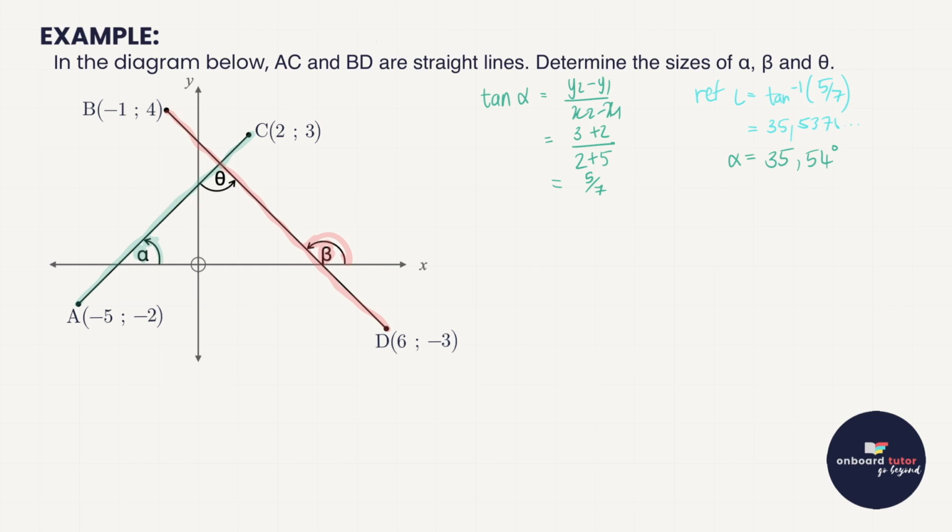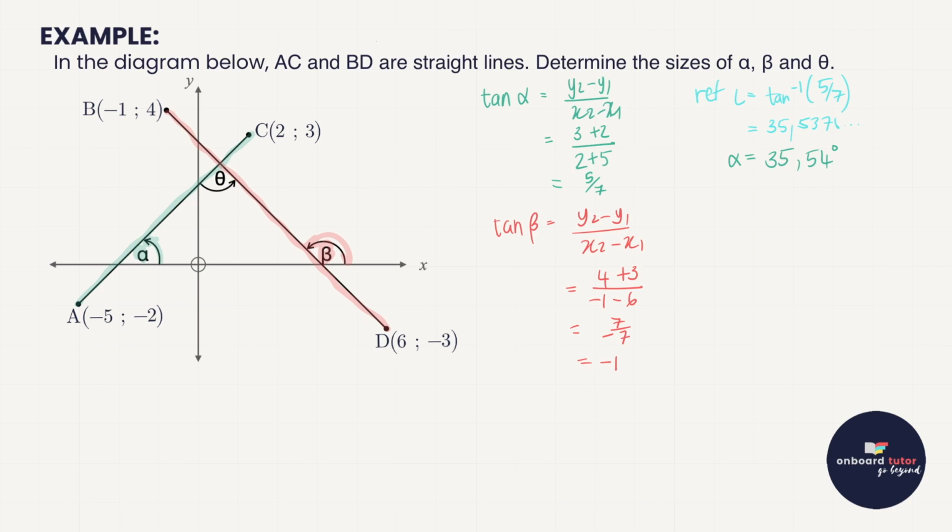So we're going to say tan of beta, according to the formula, is equal to the gradient, y2 minus y1 over x2 minus x1. We take our coordinates: 4 minus 3 over minus 1 minus 6. What do we end up with? 7 over minus 7, which is equal to minus 1.